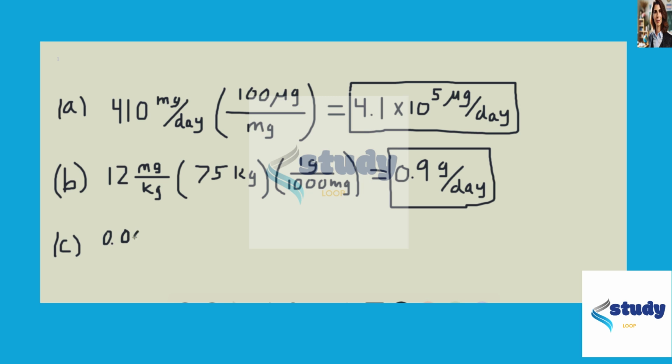So we have 0.003 grams per day, right? Divided by the amount that is in each tablet, which is 2.0 milligrams.